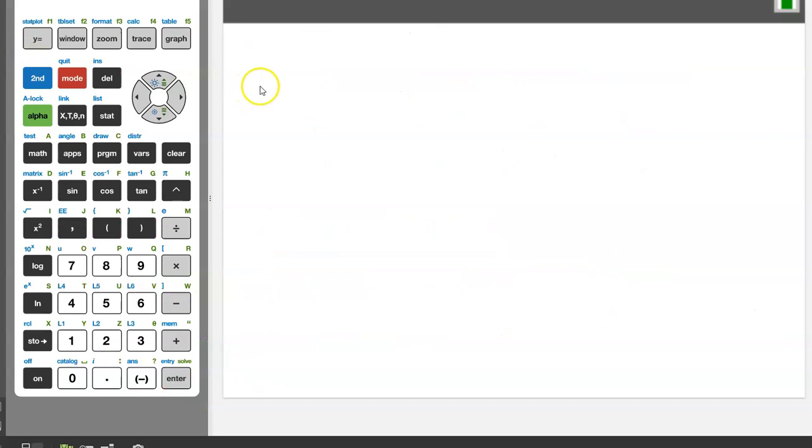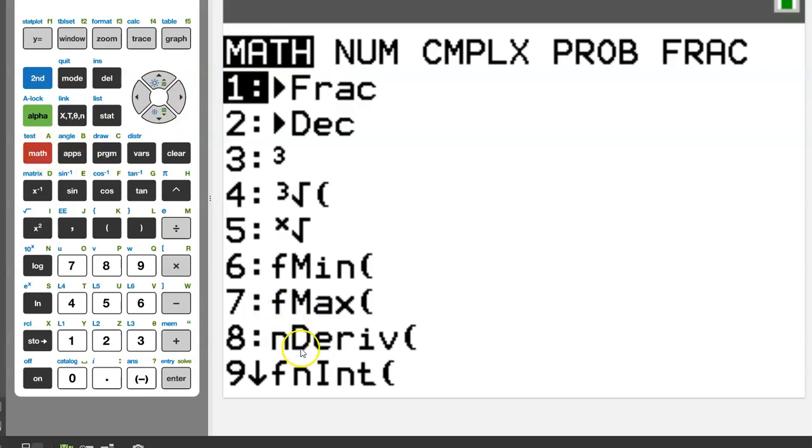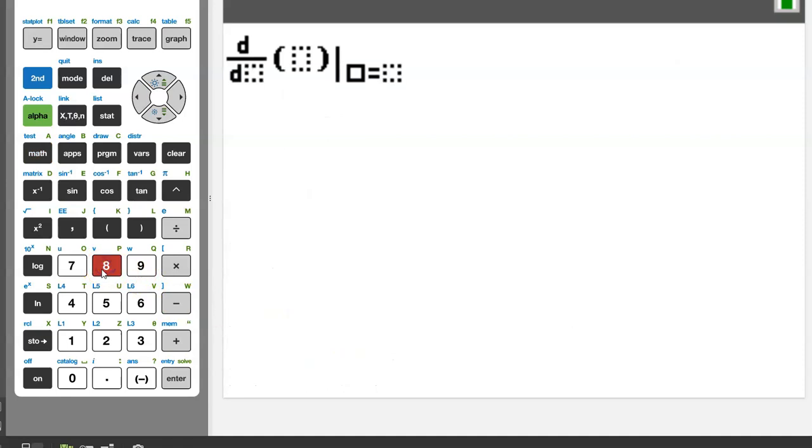So how do I use my calculator to evaluate the derivative of velocity at 0.443, etc.? Use the math button and find the derivative function. So I'm going to hit 8. We're using the variable x, and we want the derivative of the velocity function, which we have stored in y2.